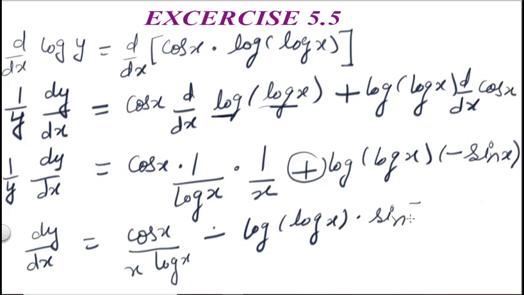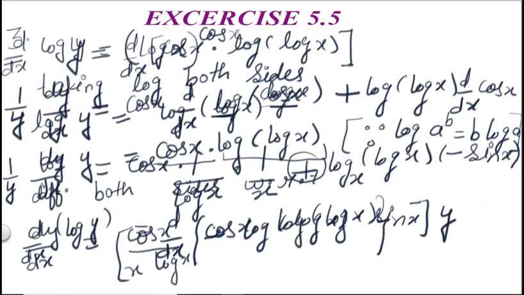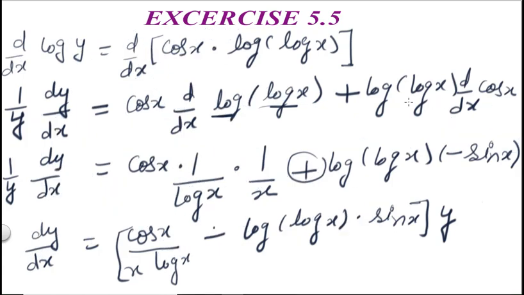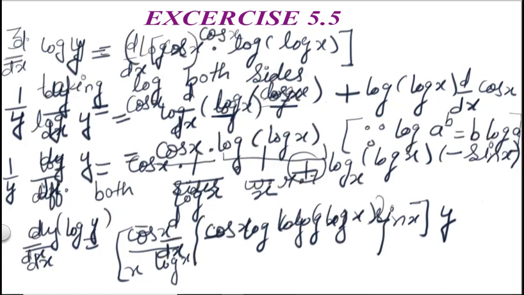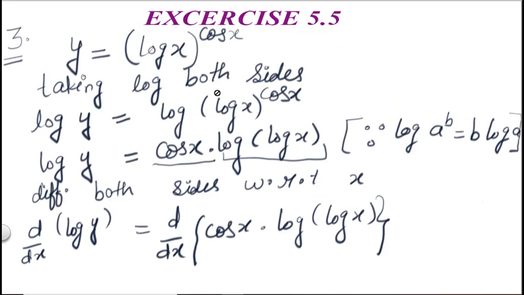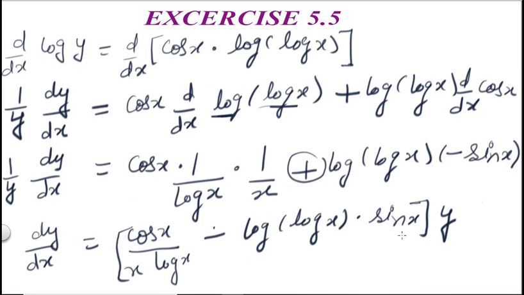Clear? And we will transpose that y to this side. Now we know the value of y. Let me show you what was the value of y, the function that we are differentiating. The value of y was log x whole power cos of x. So here instead of y, we will write log x whole power cos x.